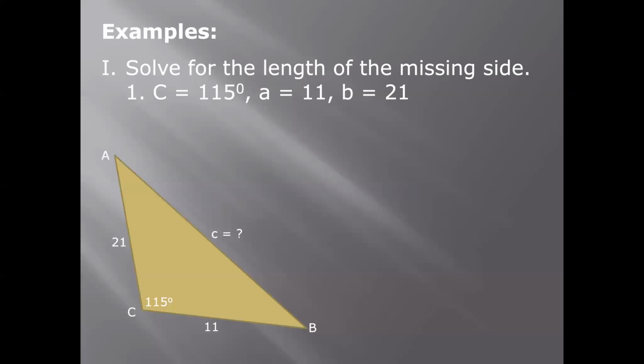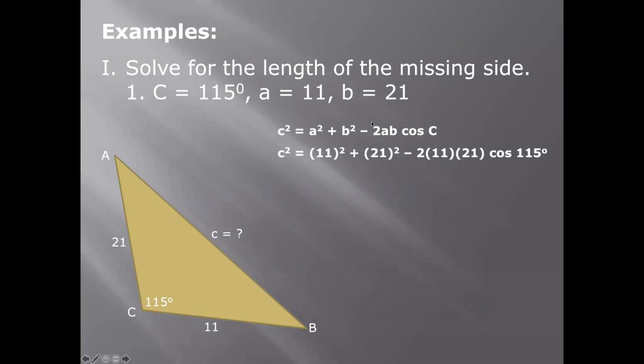Using the formulas that we have earlier, we can use c squared equals a squared plus b squared minus 2ab cosine C. And then let us just input the given values into our formula, so that we have 11 squared plus 21 squared minus 2 times 11 times 21 cosine 115 degrees.